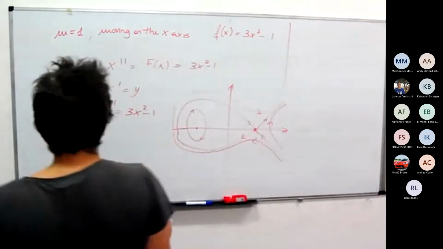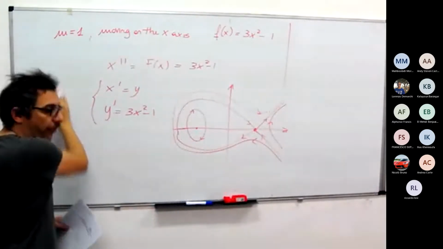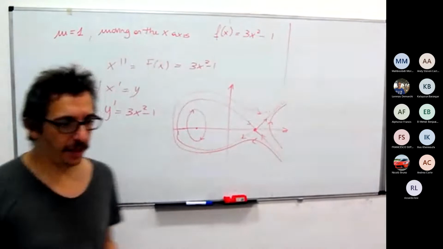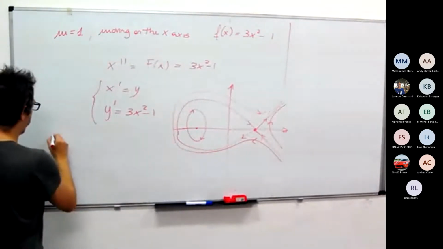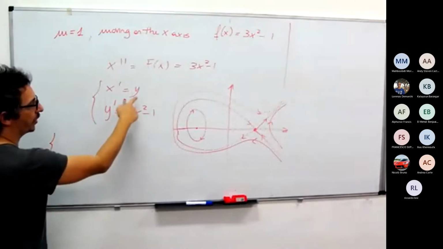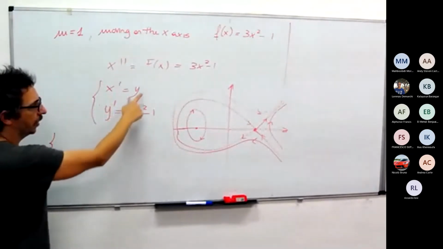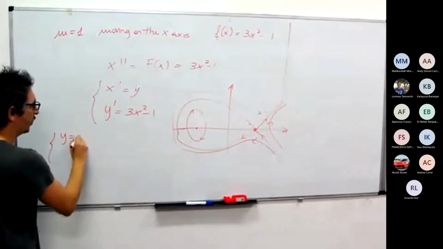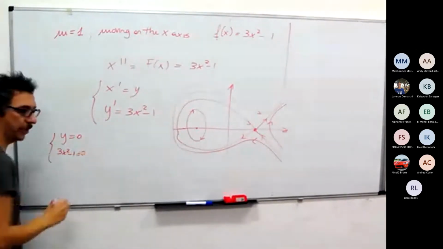Now, what I have to do is, first of all, I have my nonlinear system. First of all, let's find what are the critical points of the nonlinear system. So the critical points of the nonlinear system are going to be the solution of x prime equal to 0 and y prime equal to 0. That is, y equal to 0 and 3x squared minus 1 equal to 0.